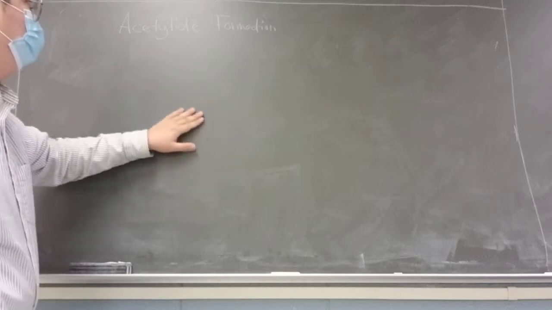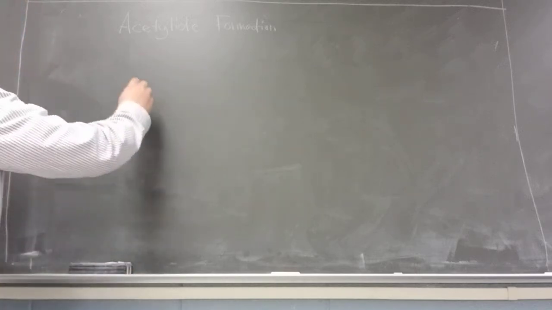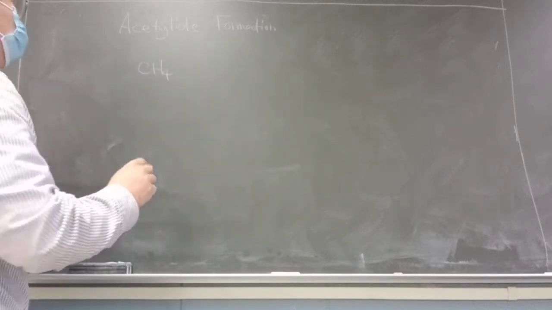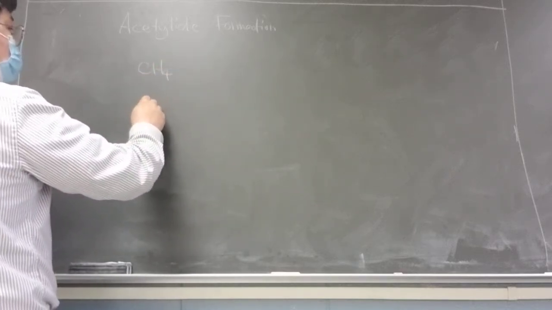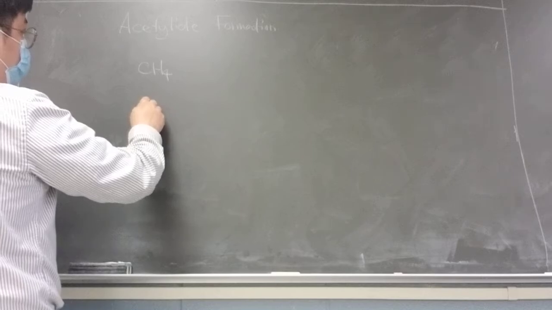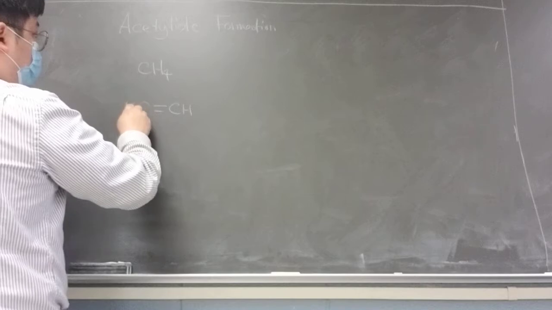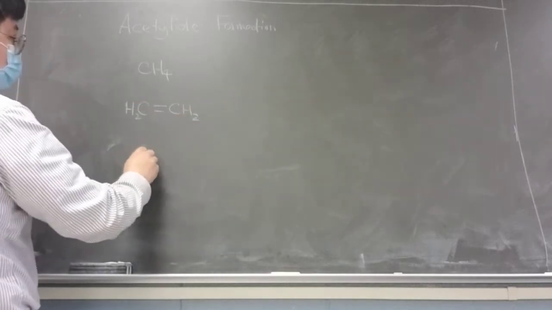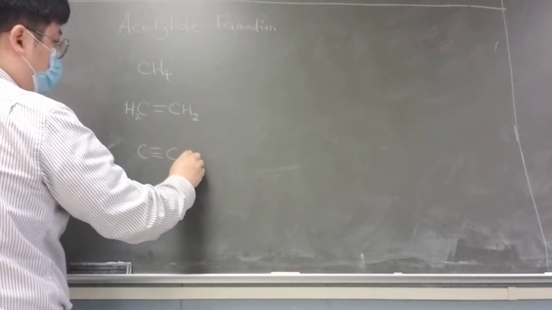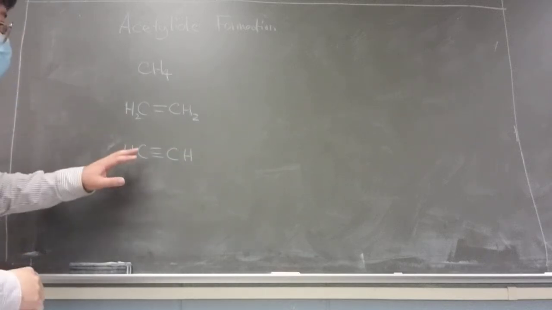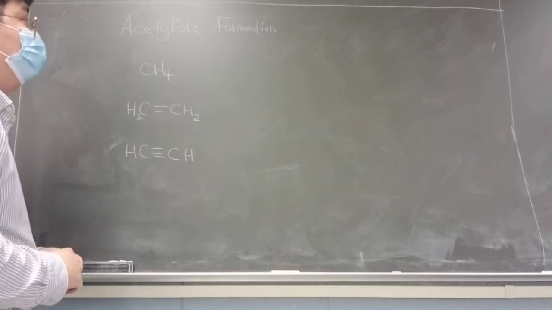So I'm going to tell you about the nature of acetylene first, and see what we can do next. If you have the alkyl anion, we have some alkene here, we have some acetylene over here too, and methane over here.